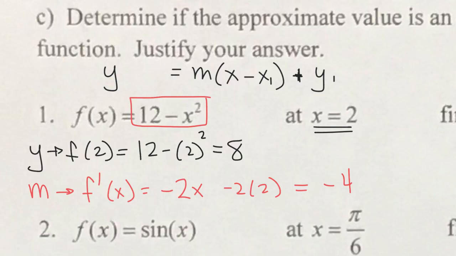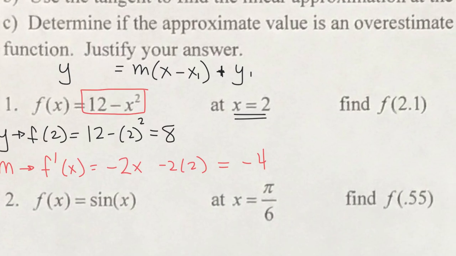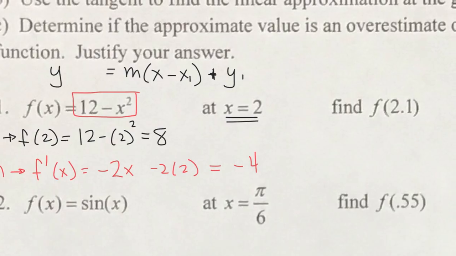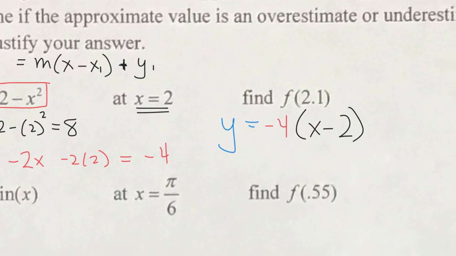Right, so our graph has a slope of negative 4 when x equals 2, right? I guess that's the tangent line. So we can write the equation, right? We're going to write it in the new calculus form of y equals our slope of negative 4 times x minus our x value, which is 2, plus 8, because that was our y value that we found.